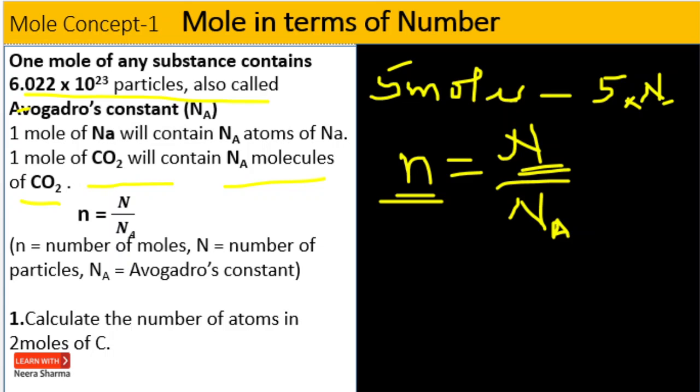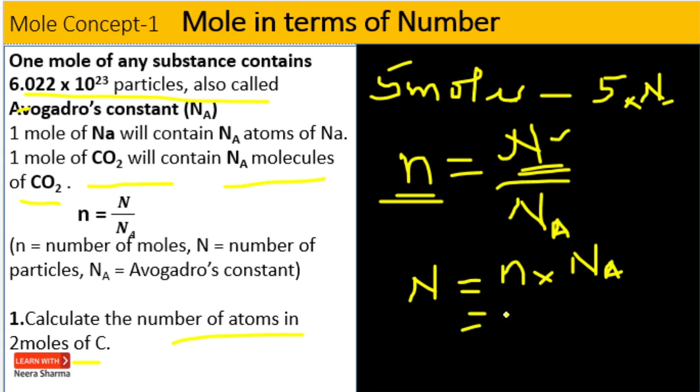So if we see this question, calculate the number of atoms in 2 moles of carbon. So we have, what is the number of moles? It is 2. So in 2 moles of carbon, how many particles are present? So we have to calculate this number of particles N. N will be equal to number of moles into Avogadro's number.